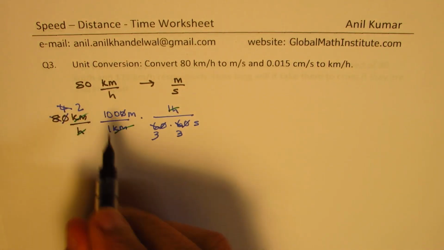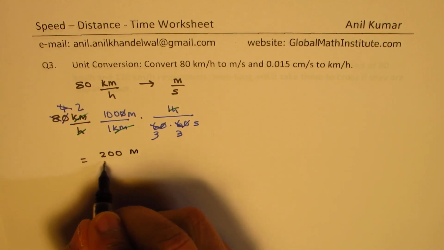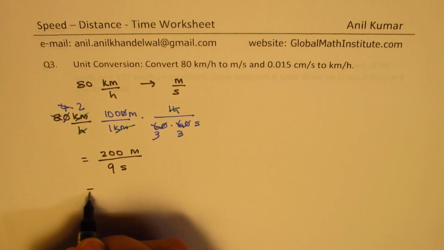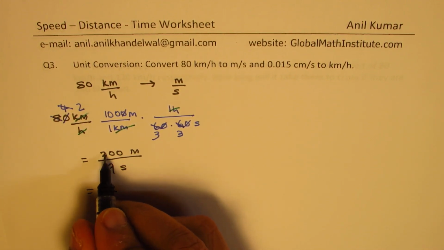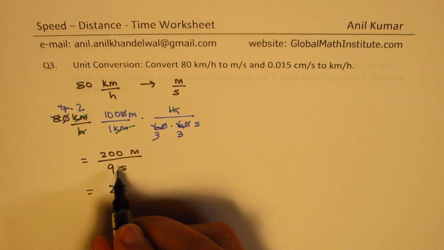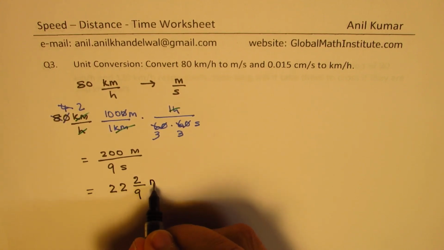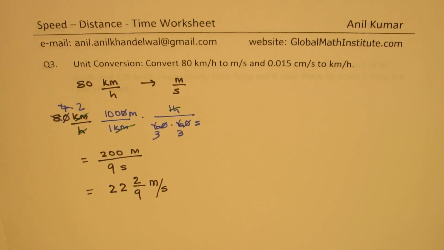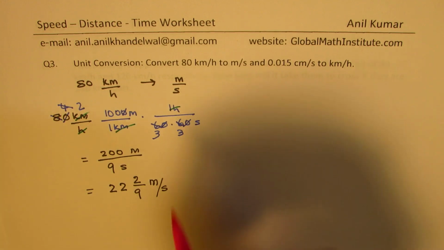So after this, we can write this as 200 meters over 9 seconds, or 22 and 2 as a remainder over 9 meters per second. So that becomes the answer in meters per second. So I hope the steps are absolutely clear, right?